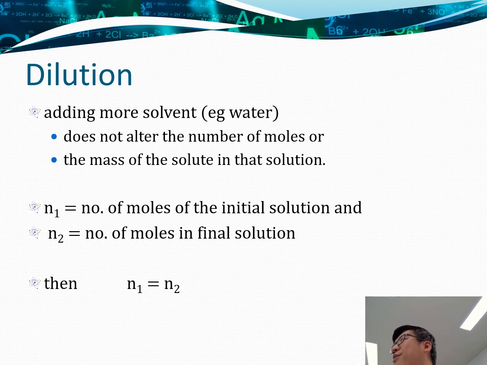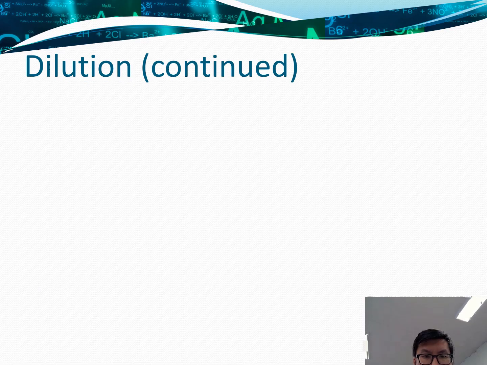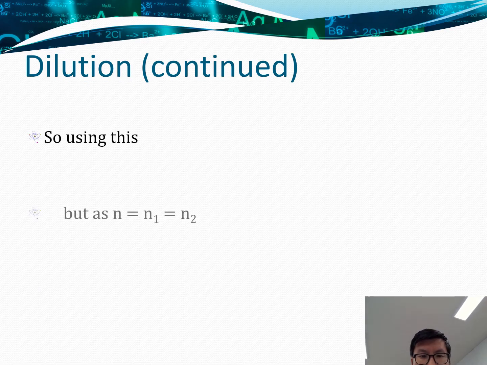And so therefore, it is important that you have a subscript to help you tell the difference between what you're looking at. So all this is saying is that if I add more water to a solution, then the number of moles is the same.